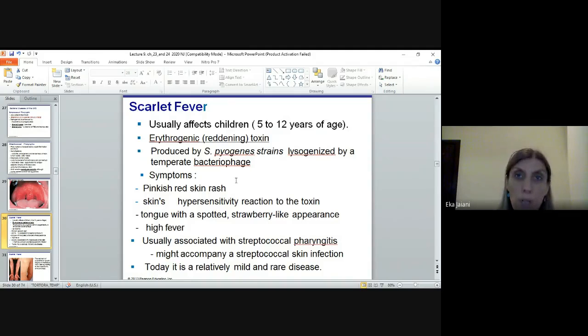So there's a streptococcal sore throat plus these symptoms. Scarlet fever includes this rash. Also, the tongue has a strawberry-like appearance, is spotted, reddened like the surface of a strawberry, and more rough. And today we do not have so many cases of scarlet fever.